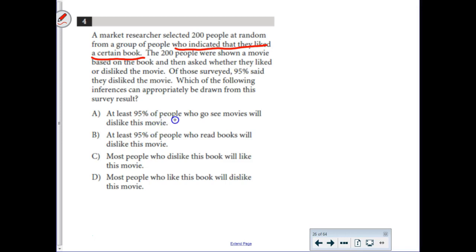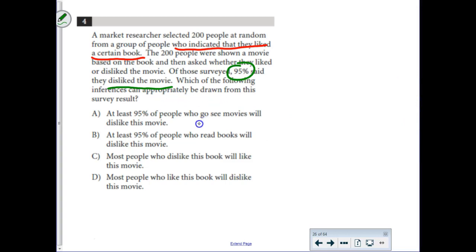They're only talking to people who like a very specific book. Then they took those people and showed them a movie based on the book, and 95% of them did not like the movie. So really focus on who your population is here, and let's read which one can be appropriately drawn.